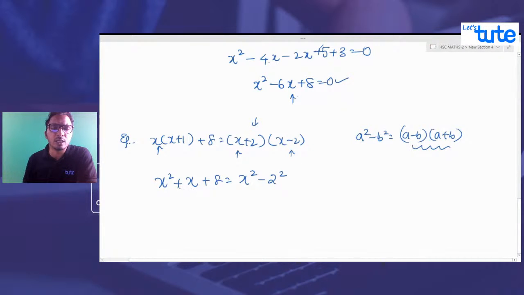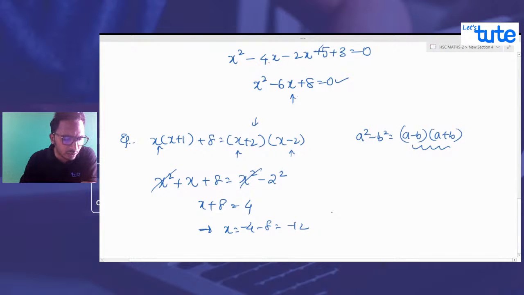Now we have x squared terms on both sides, and both are positive, so they are going to get nullified. What remains is x plus 8 equals negative 4. So this gives us x equals negative 4 and negative 8, so that should be negative 12.